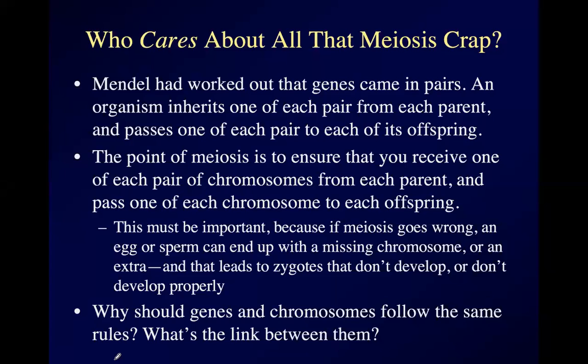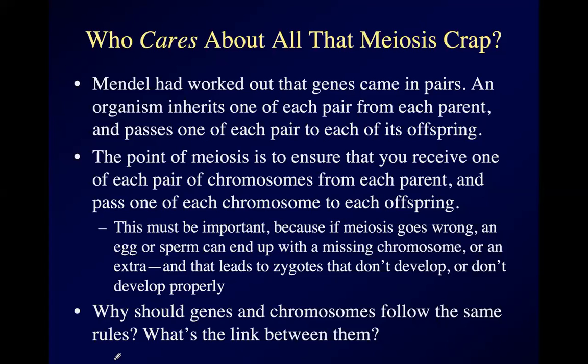And now I've just thrown you a bunch of detail about a bunch of stupid little thread-like things and a bunch of stupid cells that do this dance, and they come together in the middle of the cell, and then they pull apart and the chromatids separate. Why am I going through all this crap?